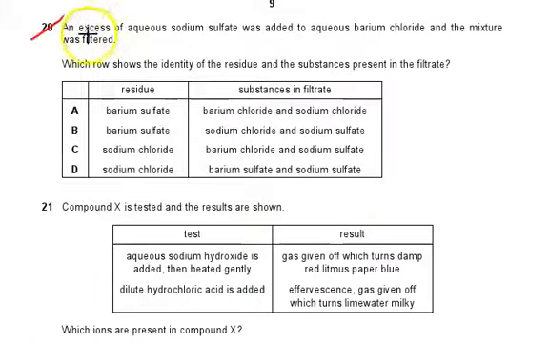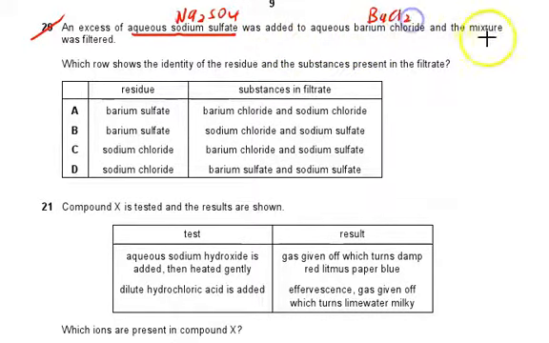Okay, for number 20, an excess of aqueous sodium sulfate was added to aqueous barium chloride and the mixture is filtered. If you go through the salt chapter, sulfate ions are soluble except for barium and lead.